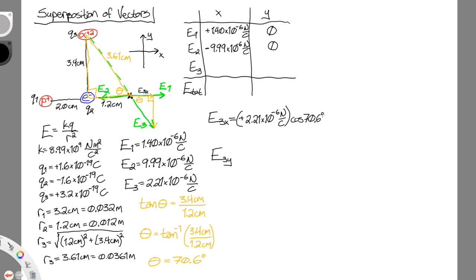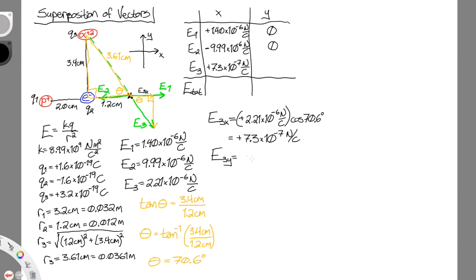And that works out to be positive 7.3 times 10 to the negative 7th newtons per coulomb. And that can go directly into our chart up here, positive 7.3 times 10 to the negative 7th newtons per coulomb.